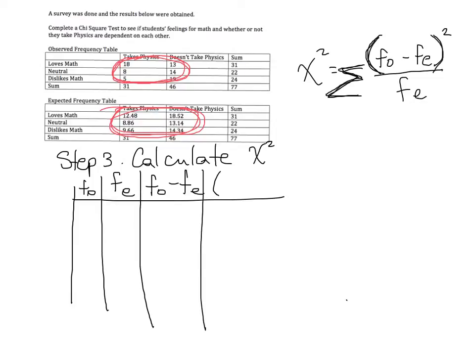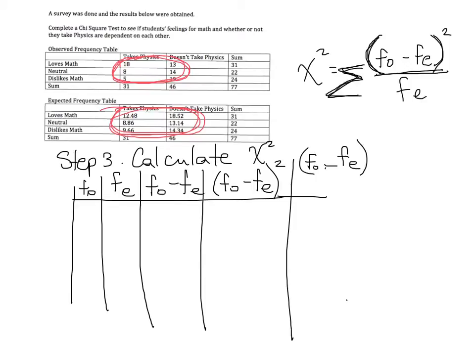Next, we're going to square those values, because that's what our formula tells us to do: FO minus FE, squared. And finally, we're going to take each of those values and divide by each FE value.